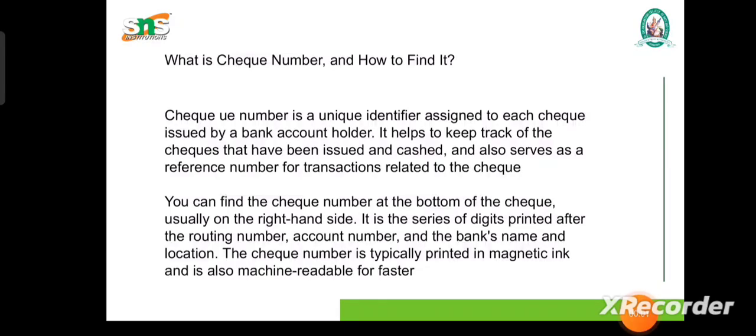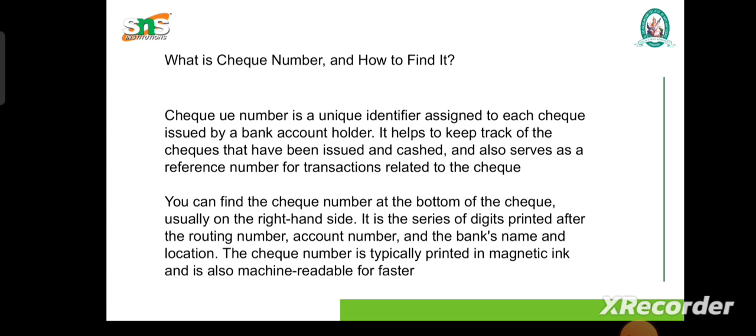What is the check number and how to find it? Check number is a unique identifier assigned to each check issued by the bank account holder. It helps to keep track of the checks that have been issued and cashed, and also serves as a reference number for transactions related to the check.